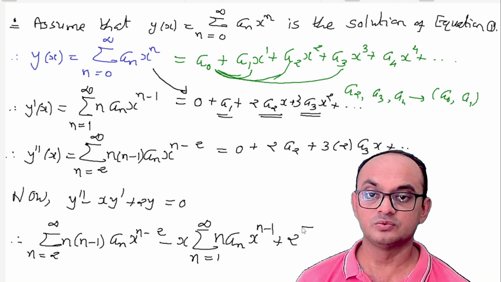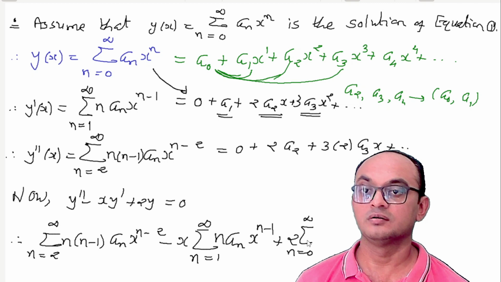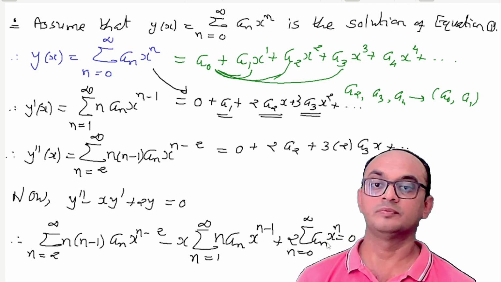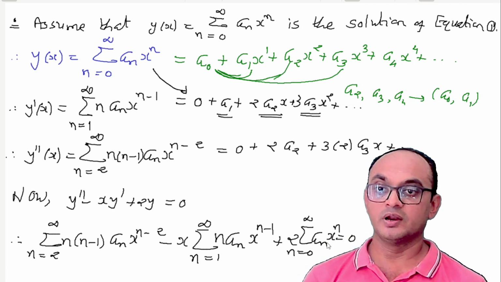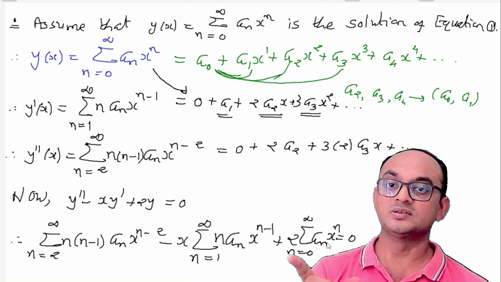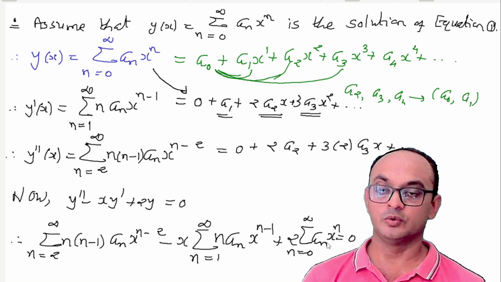So plus 2 summation n equal to 0 to infinity. What is yx? An x raised to n equal to 0. Right, so from the given differential equation, we have this large equation.